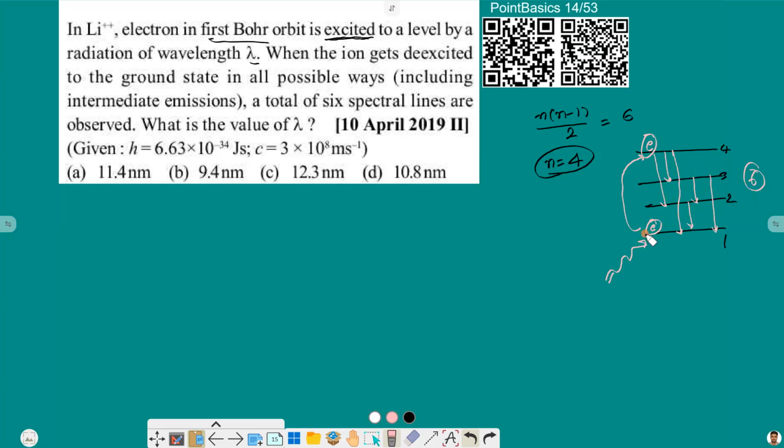So now we have to find this lambda which got the electron excited from the first to the fourth level. For that, we will use the energy formula for hydrogen-like ions, En is equal to minus Z square into 13.6 by n square. For the first level, we will have minus 9, because for lithium the atomic number is 3.